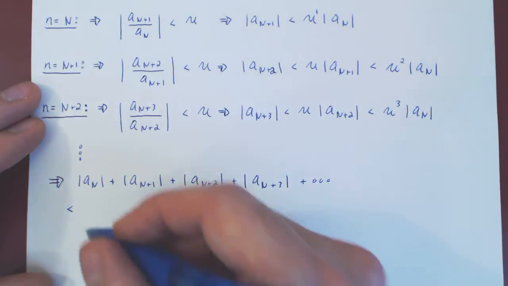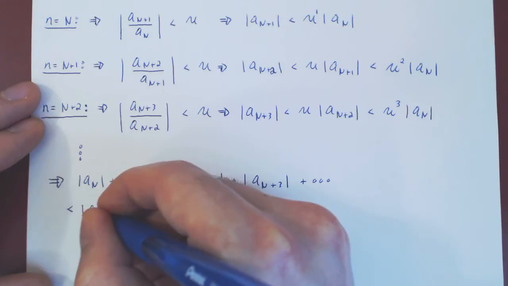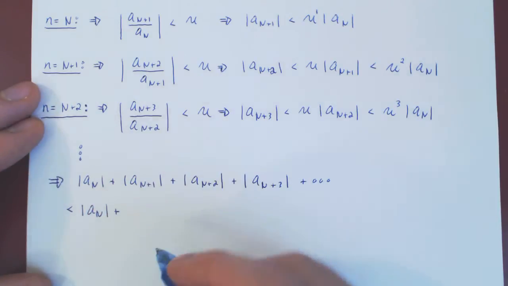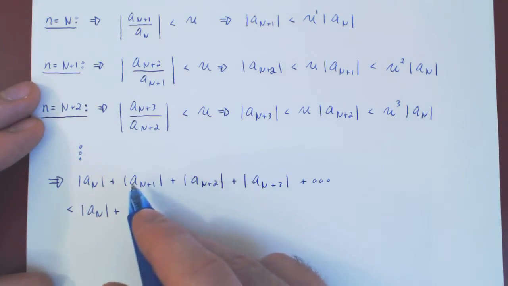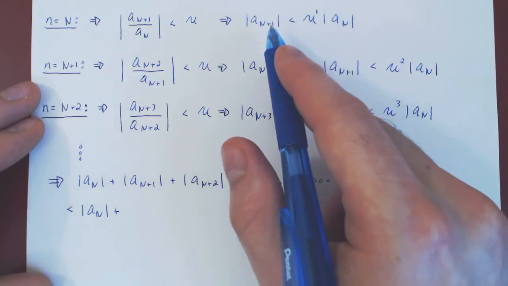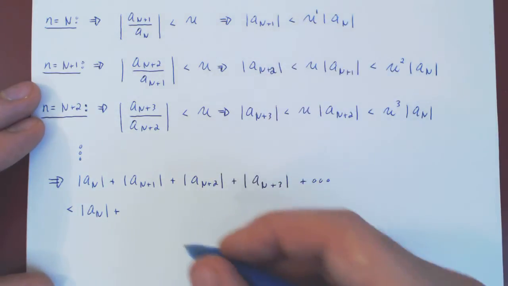|a_N| we'll leave as |a_N|, plus, we'll replace the absolute value of a_{N+1} by something bigger, which we know is u times |a_N|.